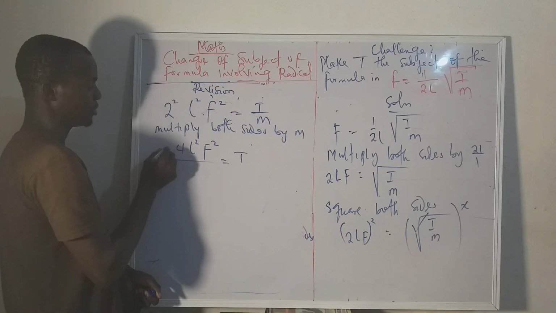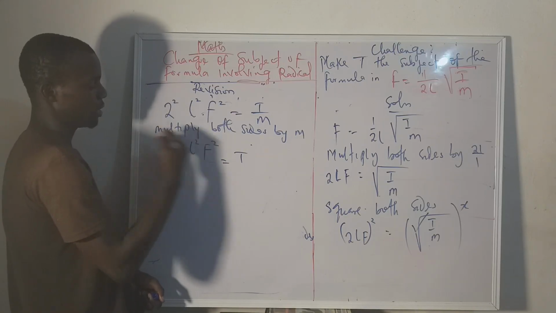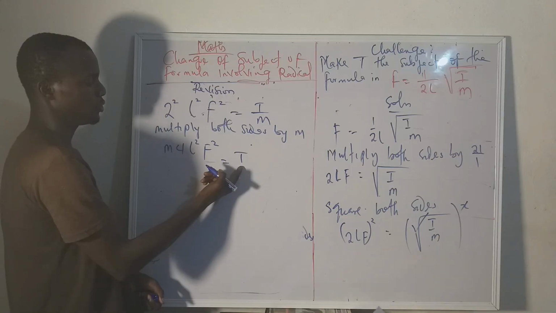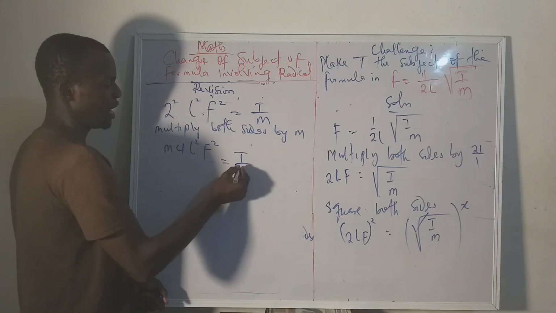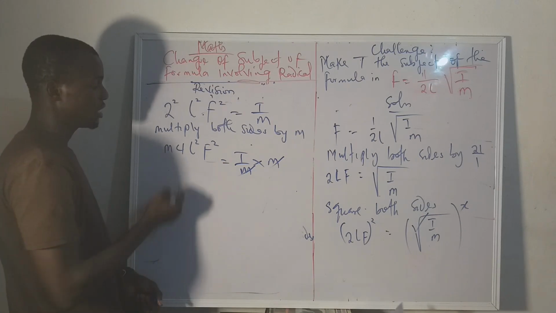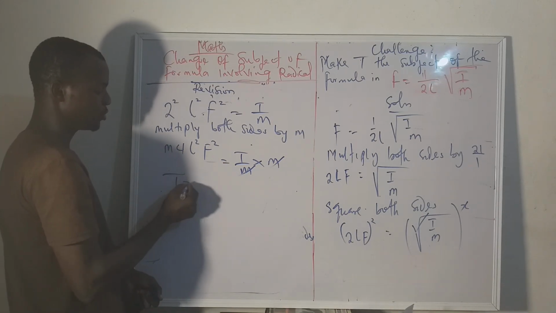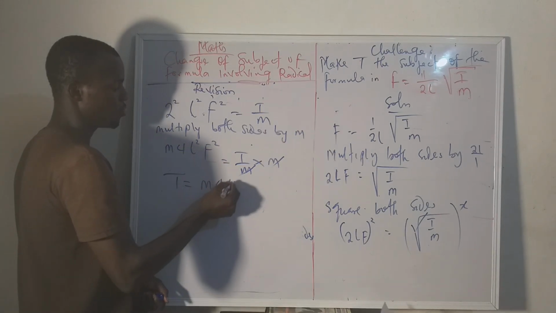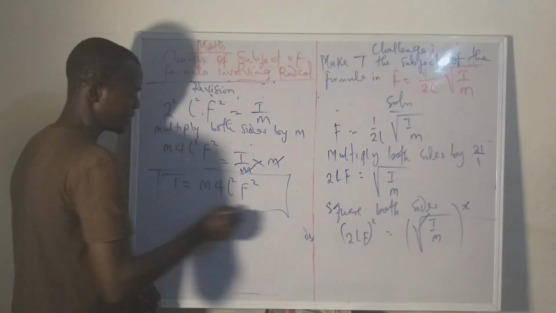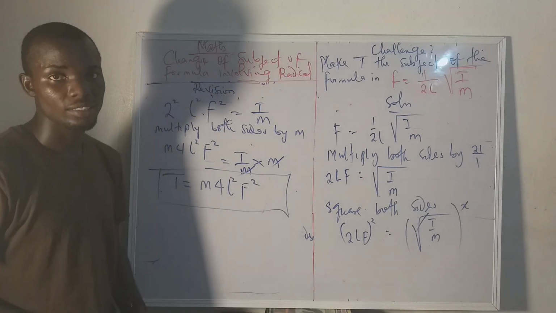When we're multiplying both sides, we have this equals t. Either you keep your answer like this, n goes away, this one would have cancelled this, and then we have our t equals n times 4L squared f squared. That becomes our answer. Thank you.